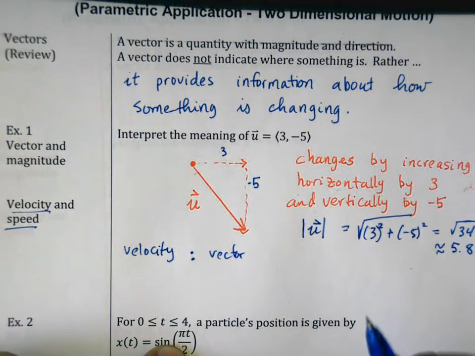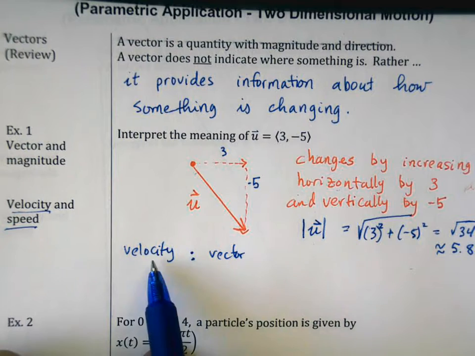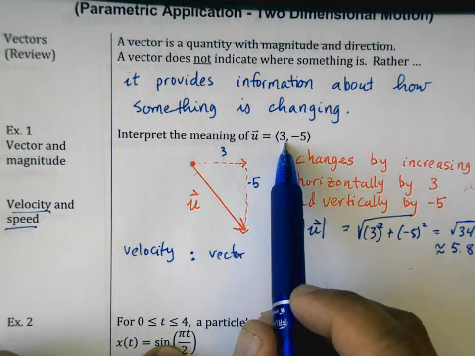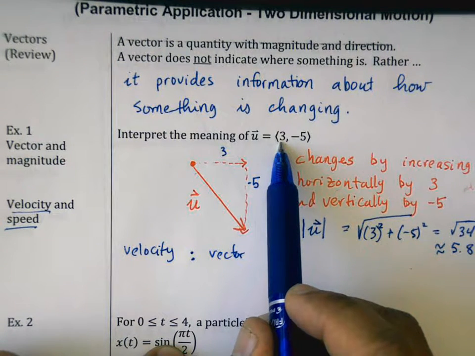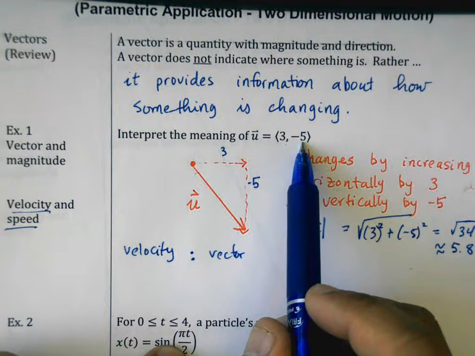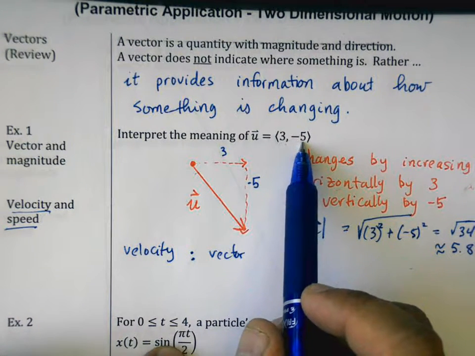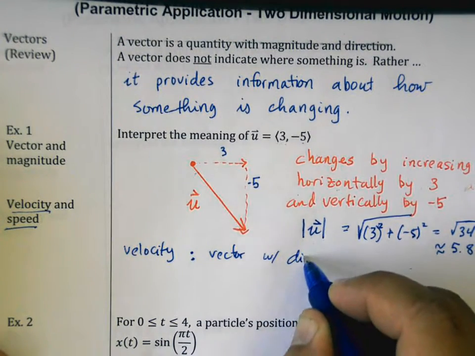It has magnitude and direction. So, for example, if this was the velocity of a particle, then it would mean that it increases in position at a rate of 3 horizontally and decreases in position at a rate of 5 downwards. So it's a vector with directions.